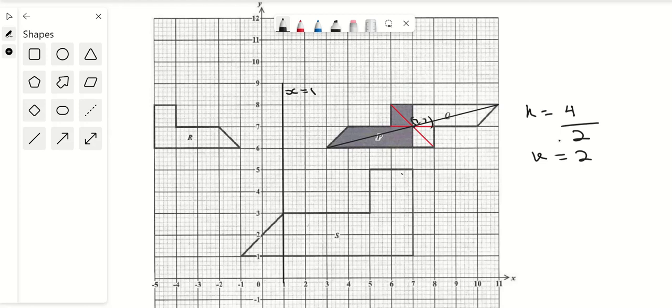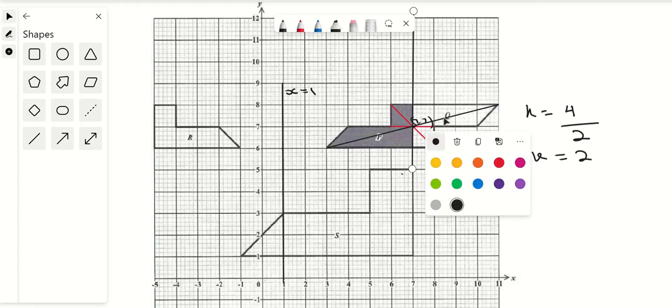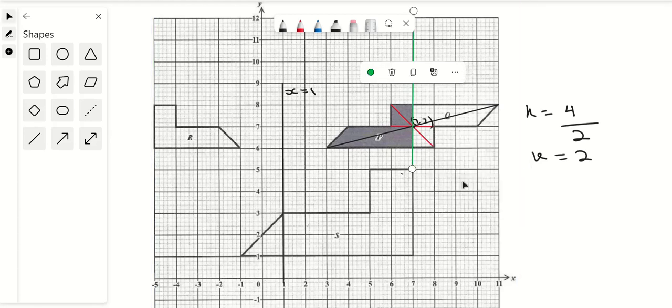And then we're going to find our center of enlargement. Now to find your center of enlargement, you're going to take 2 corresponding coordinates. Let's just take this one here and this one here, and we go straight up. Let's put that in a different color so we can see. We'll use green.